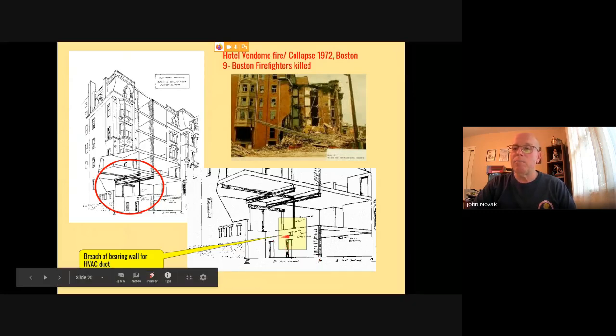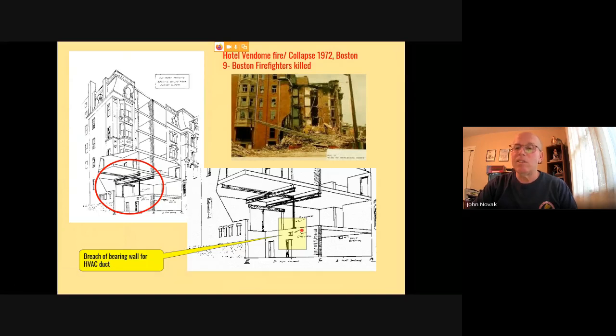Doorway down here, so more than likely it was adequate. But what had happened was they cut a hole in the wall for a ventilation duct when they installed air conditioning. And that hole was right under the column that was transferring the load down to the wall.